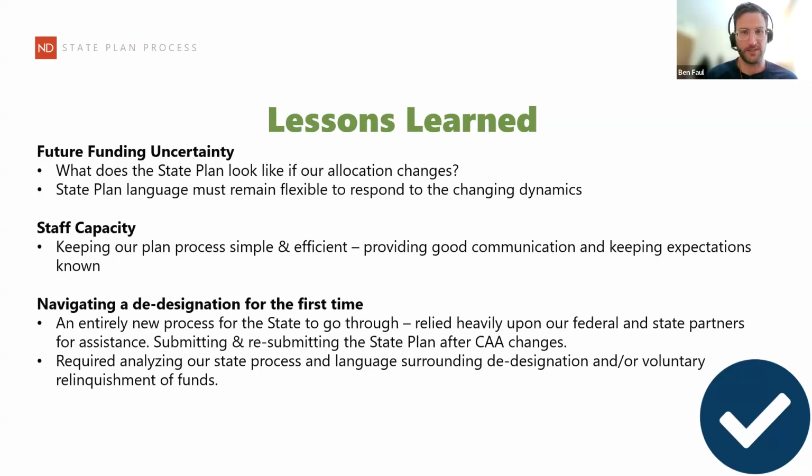And this was right in the middle of our state plan submission. Our state plan actually got submitted prior to the agency relinquishing their CSBG funds. And then after we submitted, all those actual changes happened. So I had to go back in and resubmit the plan, and do all these changes on the actual state plan.